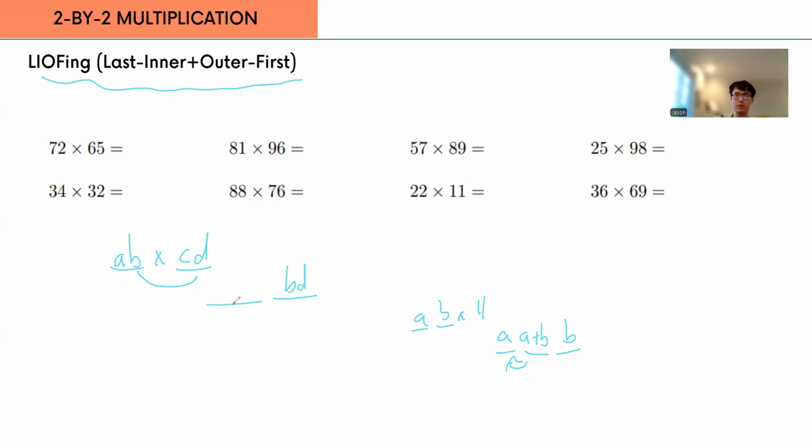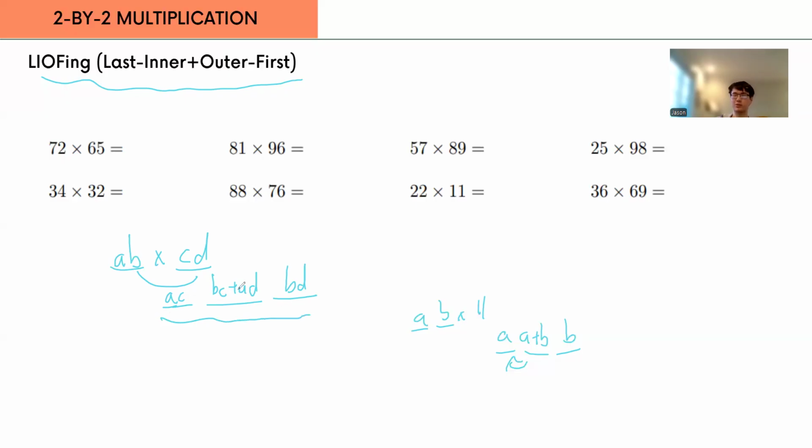And then in the middle, you put the inner two times the outer two, so this is BC plus AD. And then on the hundreds place, you place A times C, right? You can watch the recording if you want to know why this works. It's just like you expand 10A plus B and 10C plus D, right? So basically, you do something like this.